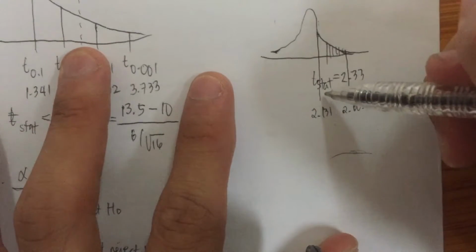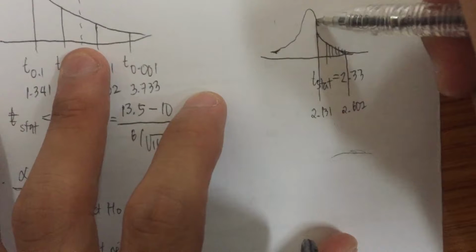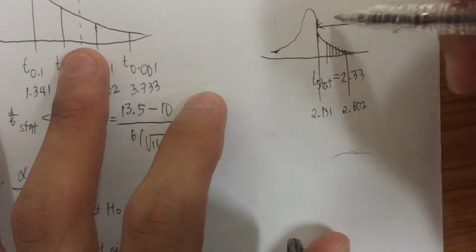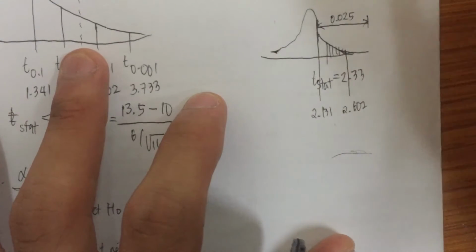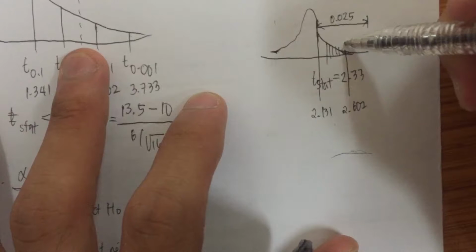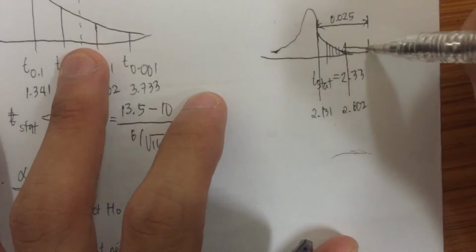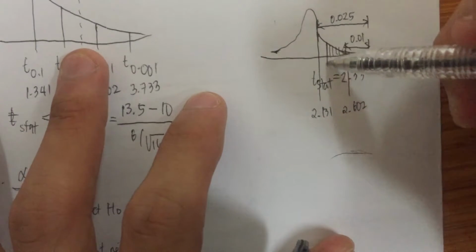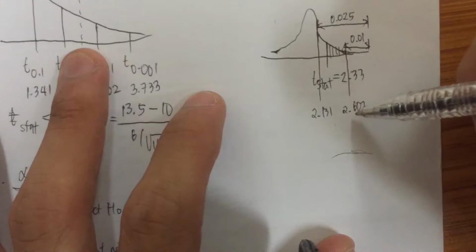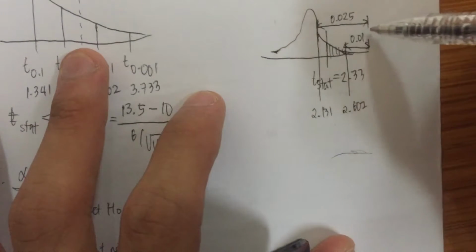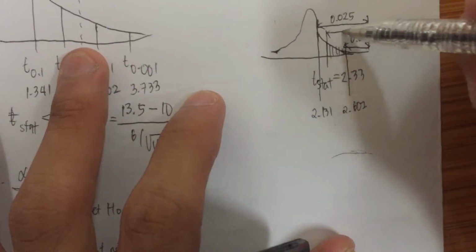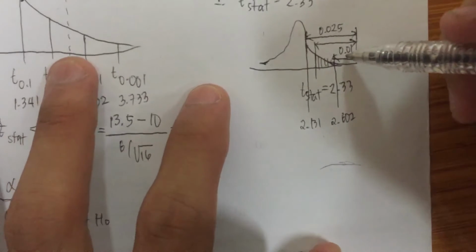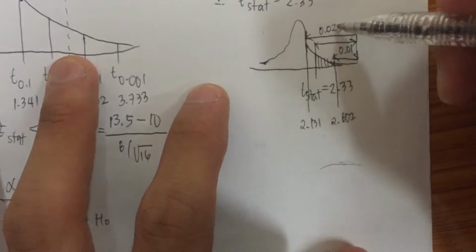According to the table, the total area to the right of 2.131, from this point to the rightmost, is 2.5%. Also according to the table, from 2.602 up to the rightmost, this total area is 1%. So if 2.33 is in between 2.131 and 2.602, then the total area from 2.33 to the rightmost should be any probability in between 1% and 2.5%.